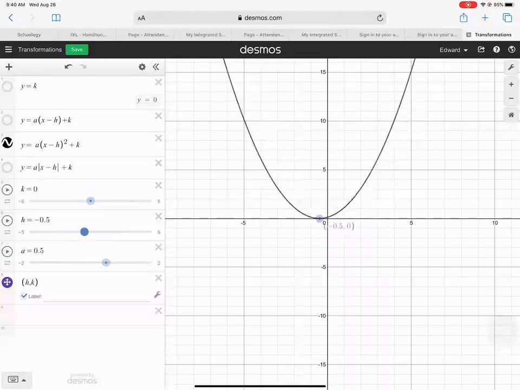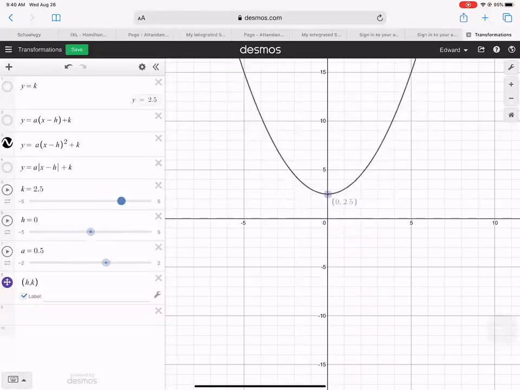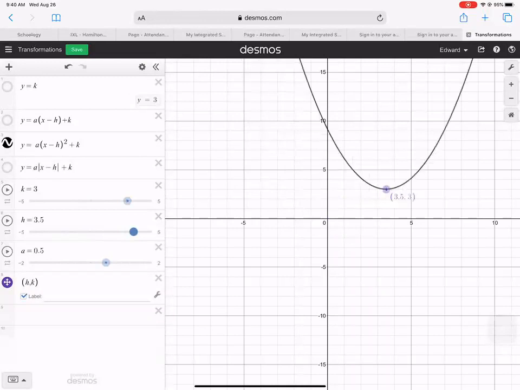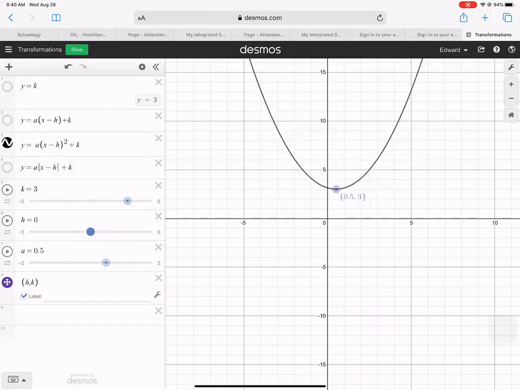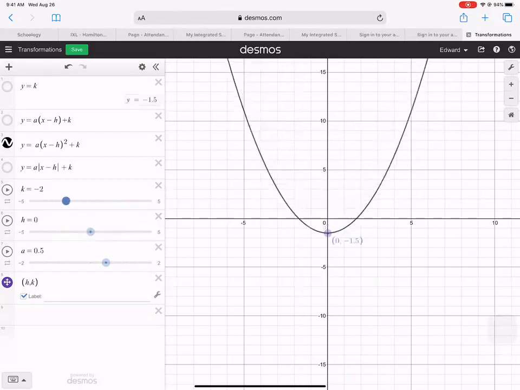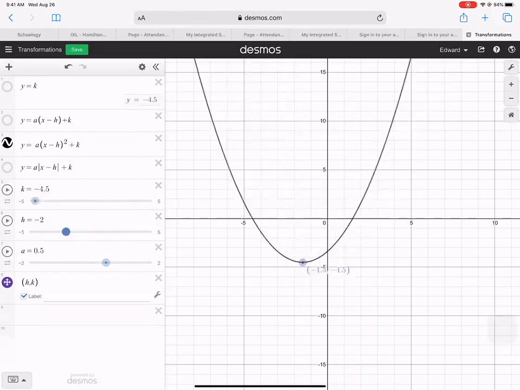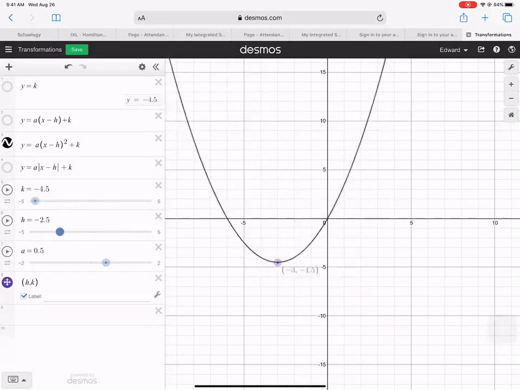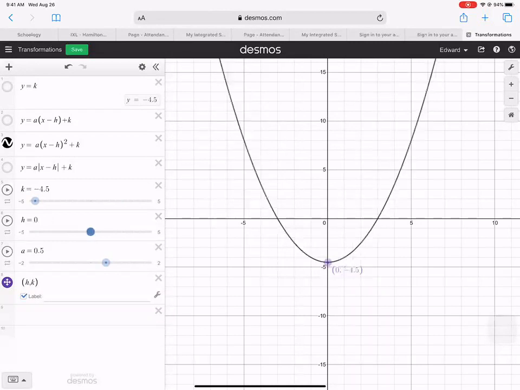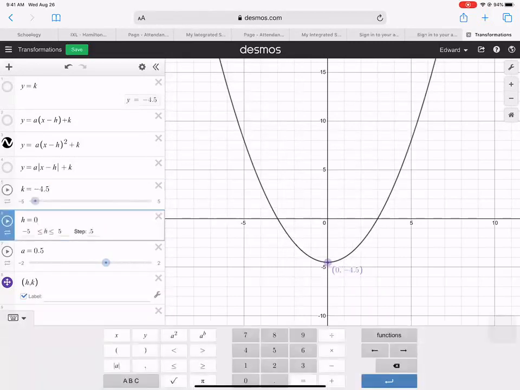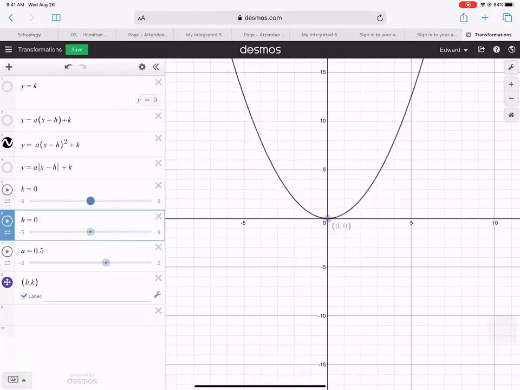So if I want to move the graph a little higher and a little bit to the right, I would have to change both the h and k value. But if I want to move it a little bit lower and a little bit to the left, to do that, we would have to change the h and k value. But the idea is that as long as the a value doesn't change, the graph is still going to have the same curve.